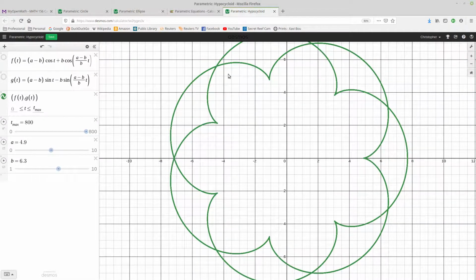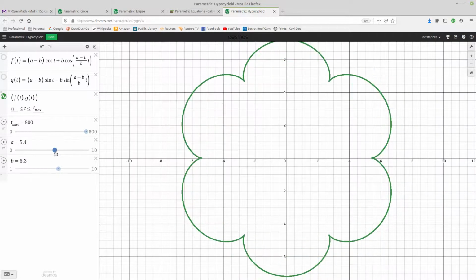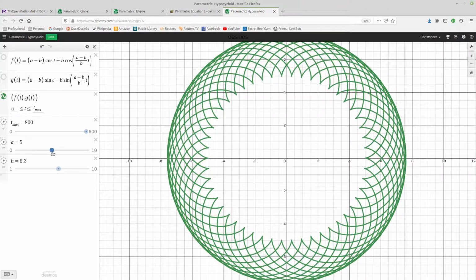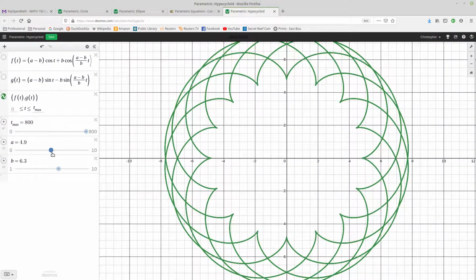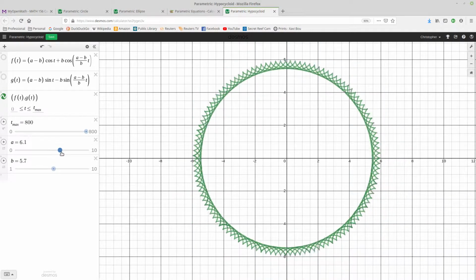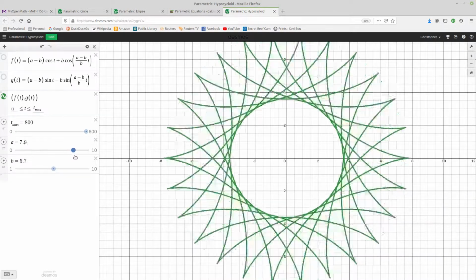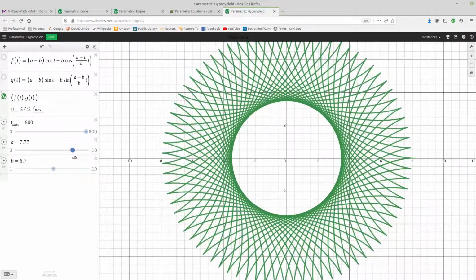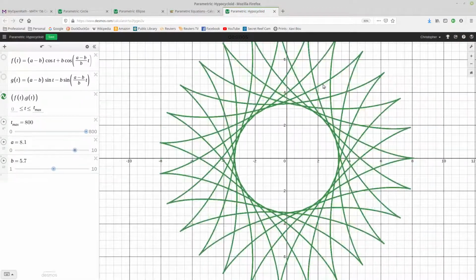When these have nice ratios, they'll be a bit simpler of a picture. Basically, the more decimal places that the ratio of A and B have, the more complicated and detailed and overlapping the picture is going to be. So anyway, I just think it's a bit of fun.